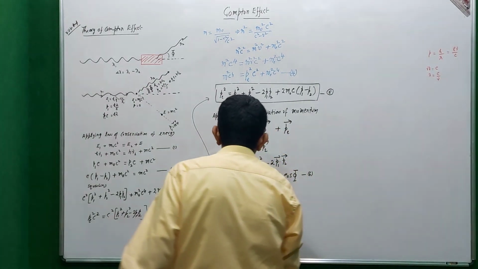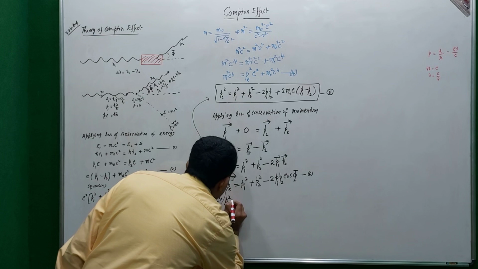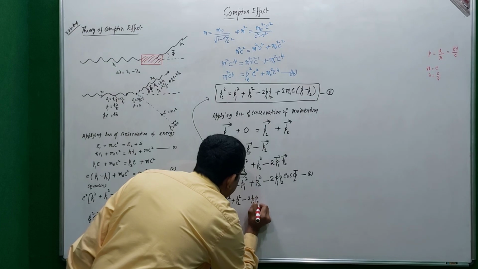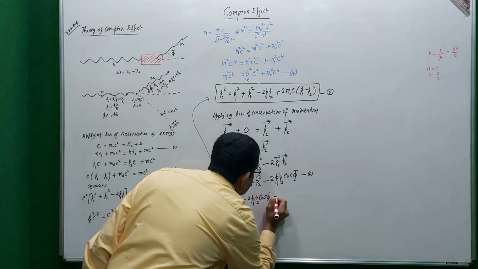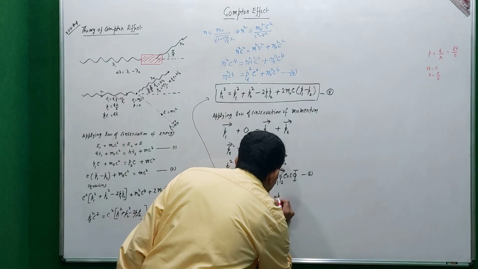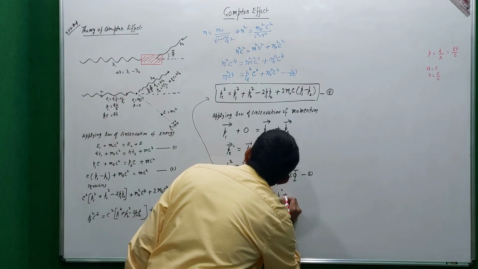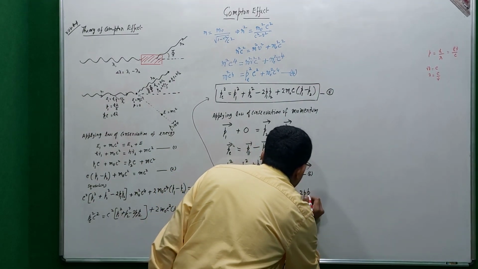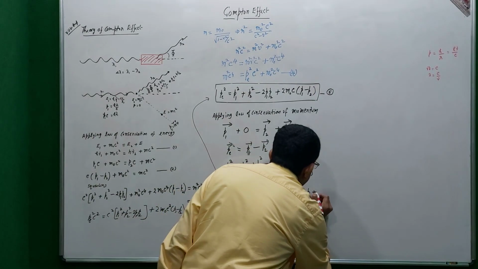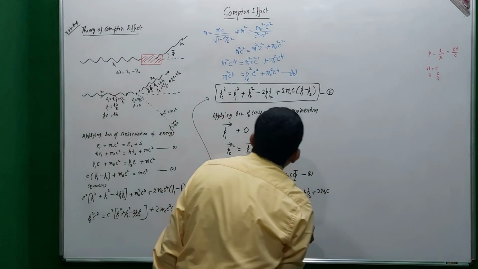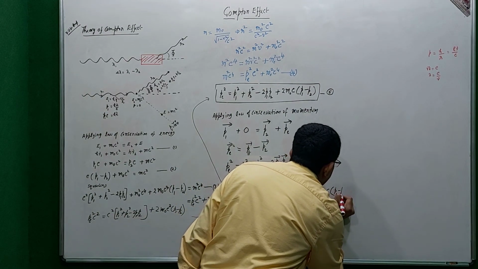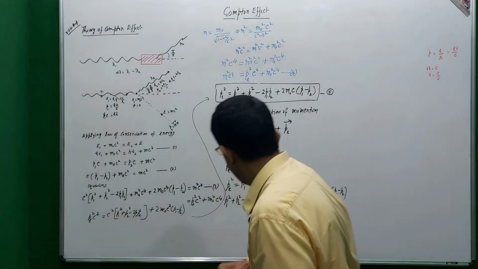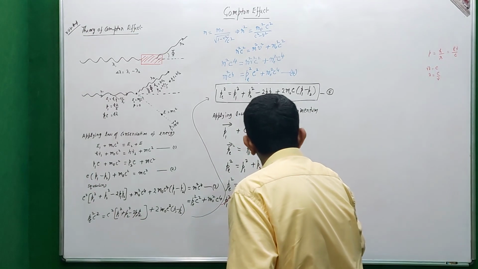Therefore, if you substitute in equation 5, it becomes P1 square plus P2 square minus 2 P1 P2 cos phi is equal to P1 square plus P2 square minus 2 P1 P2 plus 2 m naught c into (P1 minus P2). And this term, P1 square, cancels here.